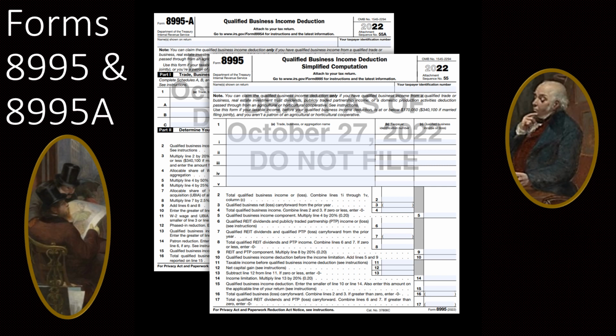So if they have more than one Schedule C, you would see them listed there, and then the deduction gets calculated from there. In the bottom portion, there is a line, line 8, and that's where the 199A dividends from a REIT that get reported on that 1099 dividend form flow onto this form on line 8.